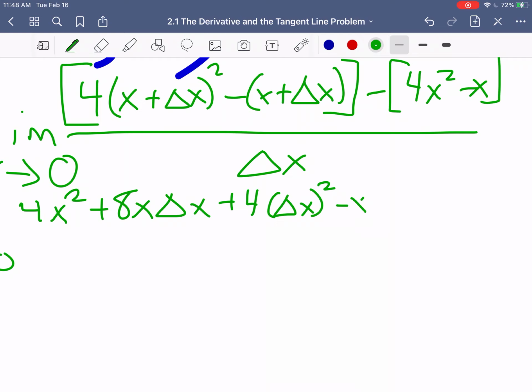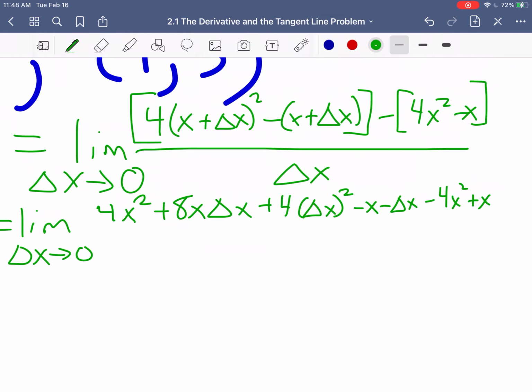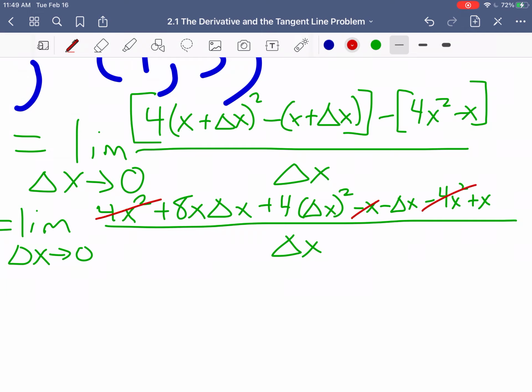Then we will have minus x, and then minus delta x, then minus 4x squared, and then plus x. So we've distributed negatives in appropriate places. All of that is over delta x. There's a lot of cancellation that happens here. So 4x squared cancels there. The x cancels there.